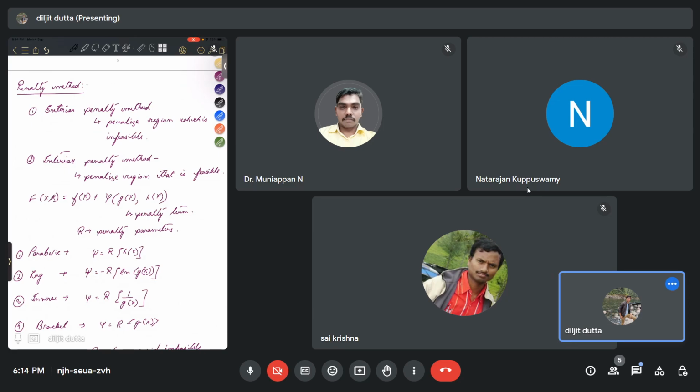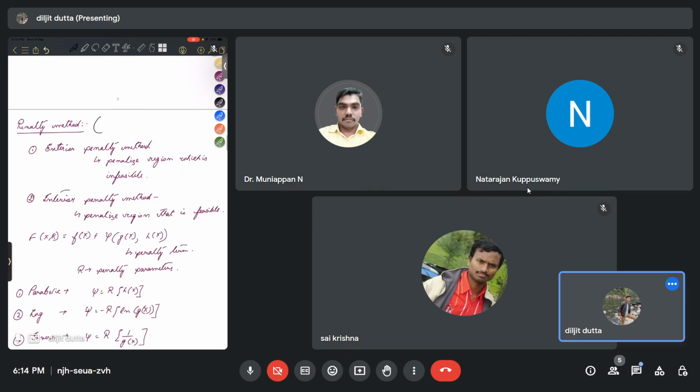So this is a transformation type of method. What transformation do we do? We transform the constrained optimization problem to an unconstrained problem.